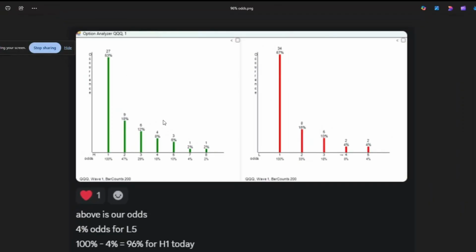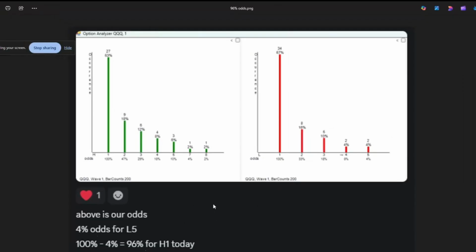Russell was explaining, from the option analyzer, if we have a 4% odds for an L5, then 100% minus 4% is 96. So by default, we have a 96% chance for an H1. So we were kind of running with those numbers that particular day too.